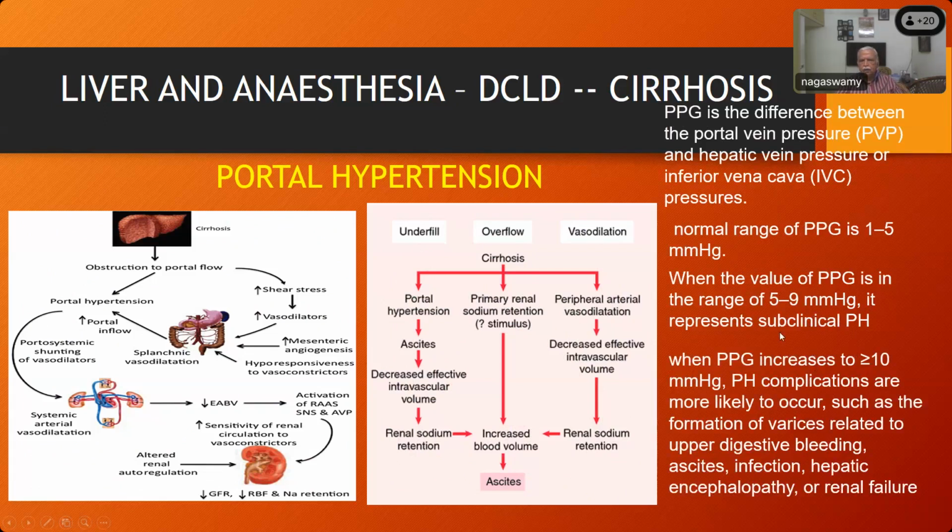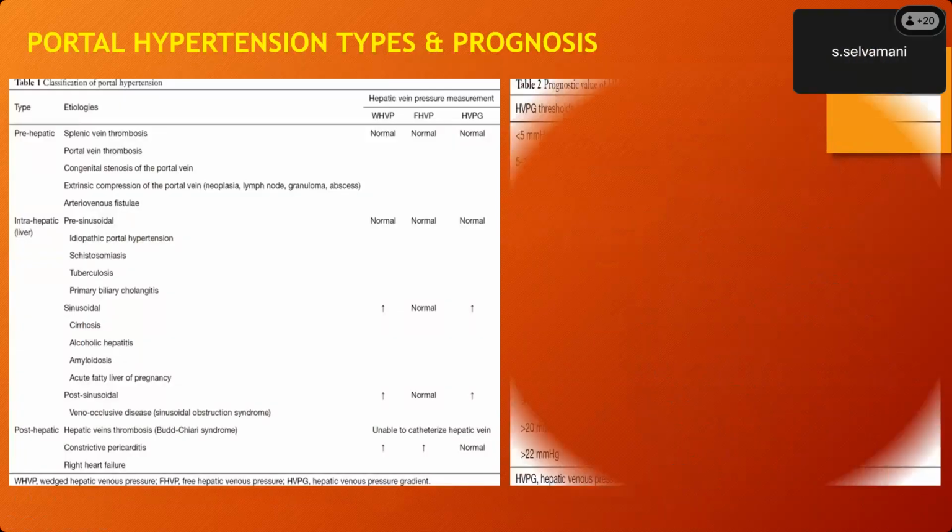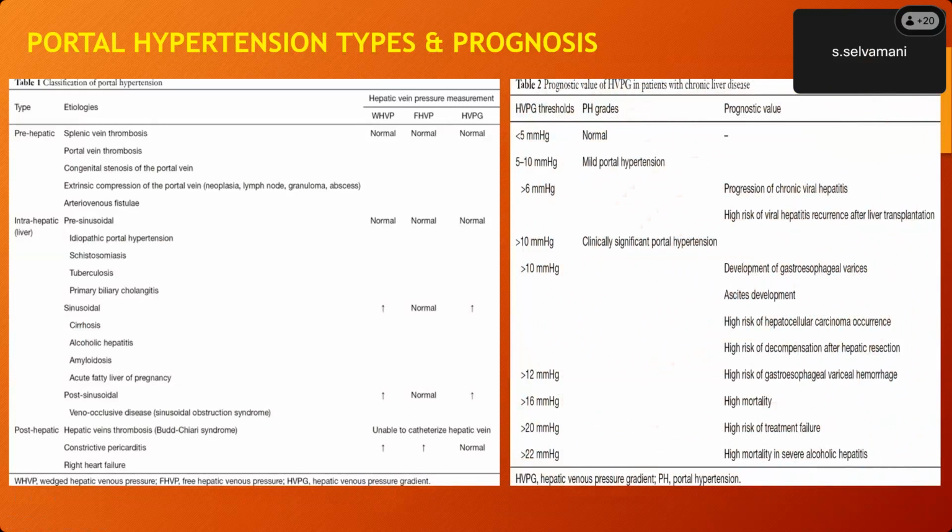And this is the difference between the hepatic venous pressure and the IVC pressure. That is the difference. How do you calculate the portal pressure gradient? It is the difference between the hepatic venous pressure and the IVC pressure, that is the method of calculating. And the portal hypertension types, it can be prehepatic, intrahepatic, and posthepatic.